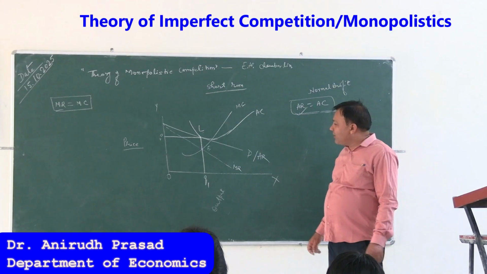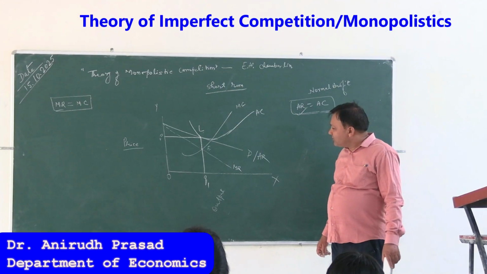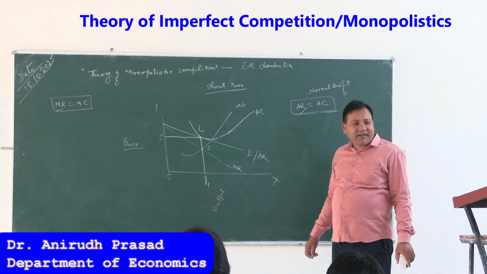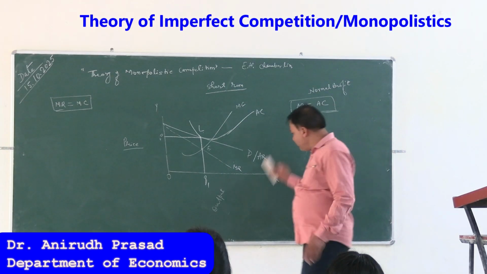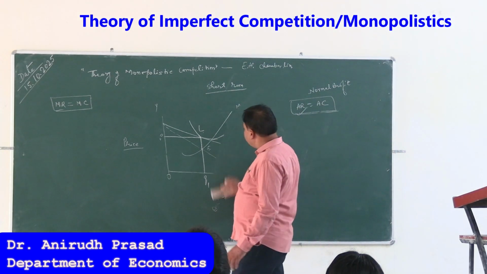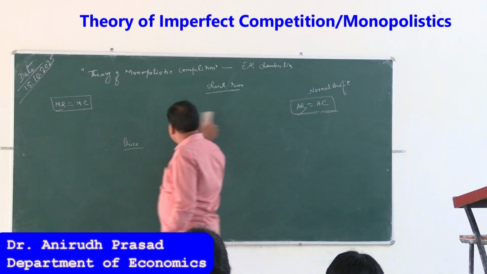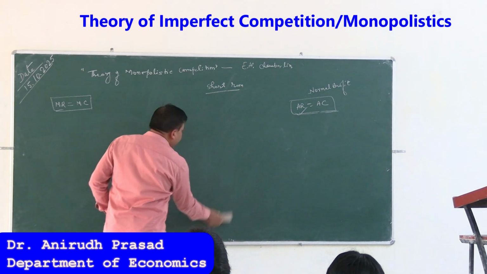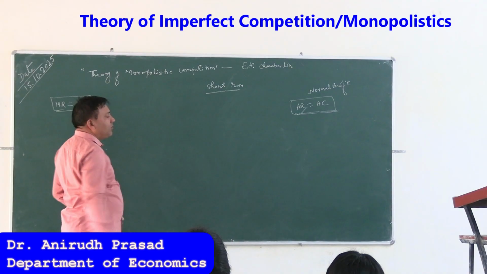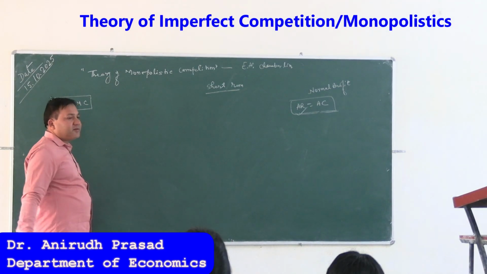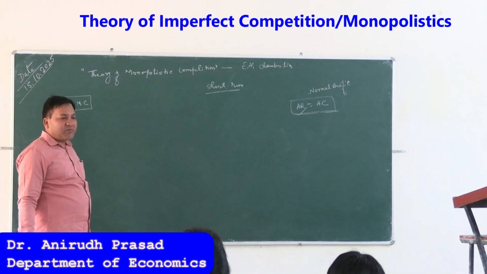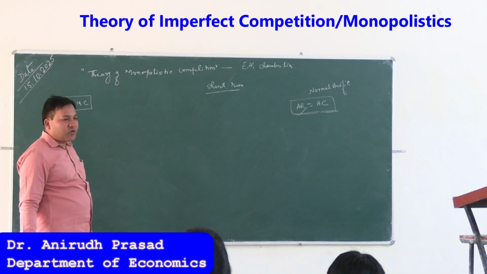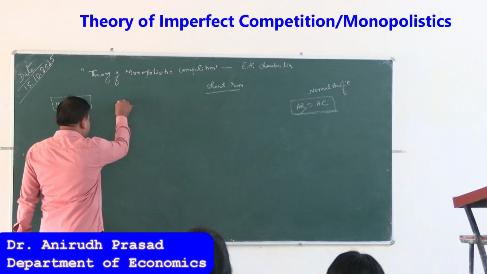Now we can also discuss diagrammatically the condition of supernormal profit. Next we will draw this curve. We will discuss diagrammatically how under imperfect competition producers get supernormal profit in the short term.